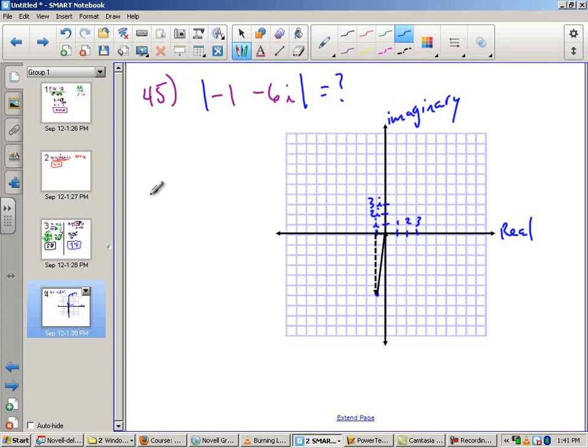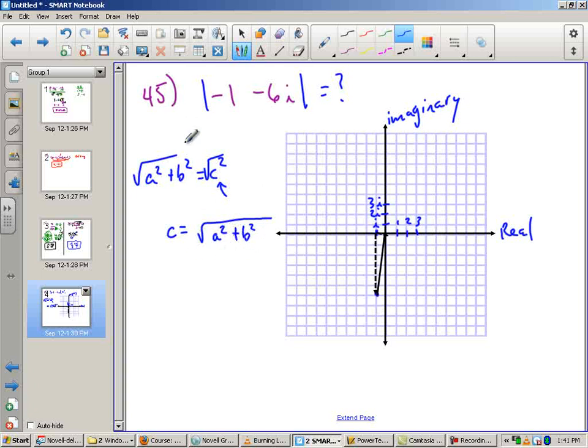I know from Pythagorean theorem, a squared plus b squared equals c squared, that if I want the hypotenuse, the long side by itself, take the square root. C, that long side, would be the square root of a squared plus b squared.